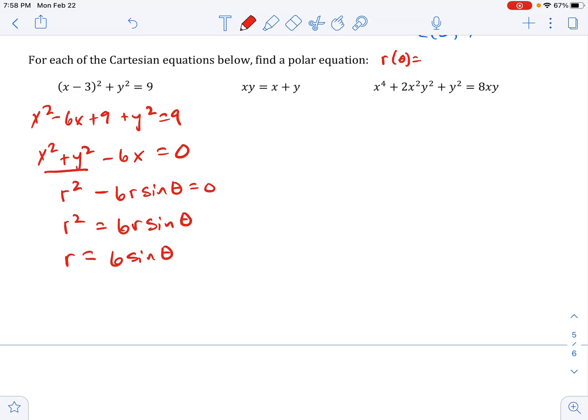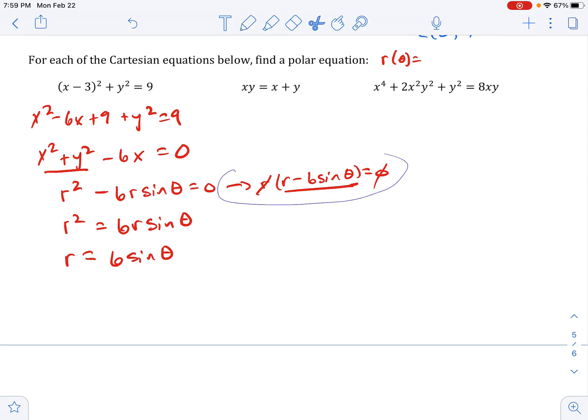You also, in this case right here, could have factored out an r on the step before that. You could have said r times r minus 6 sine of theta equals 0. And then r equals 0, that's not what we're looking for, but r minus 6 sine of theta equals 0 would give you a valid solution.